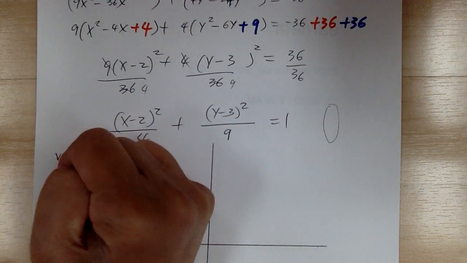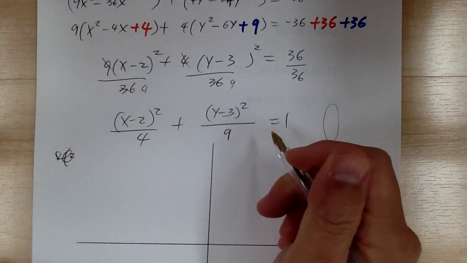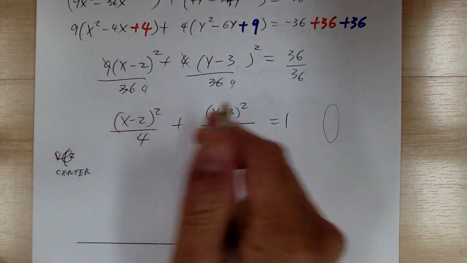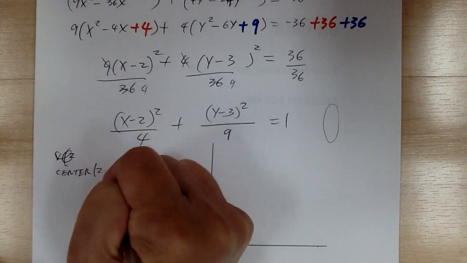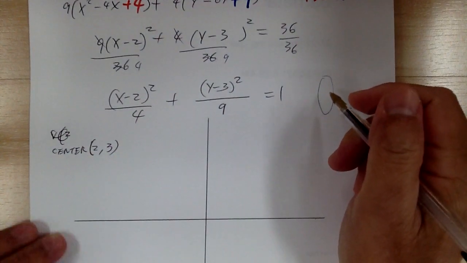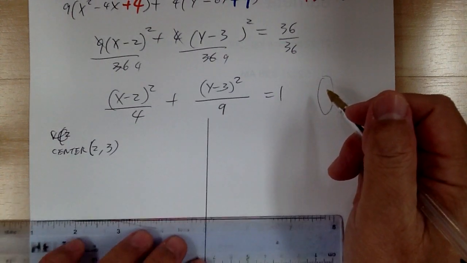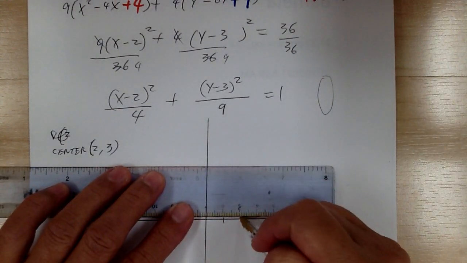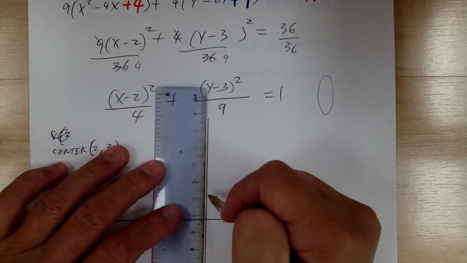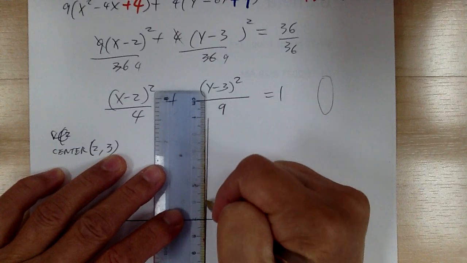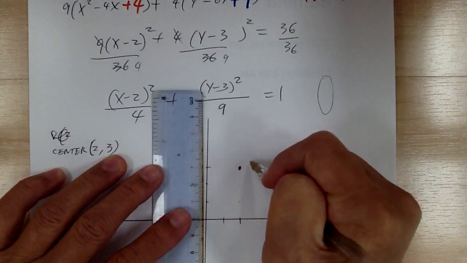For an ellipse, your key point is your center. So go and get your center. It'd be 2, 3. So that's your 2, 3.